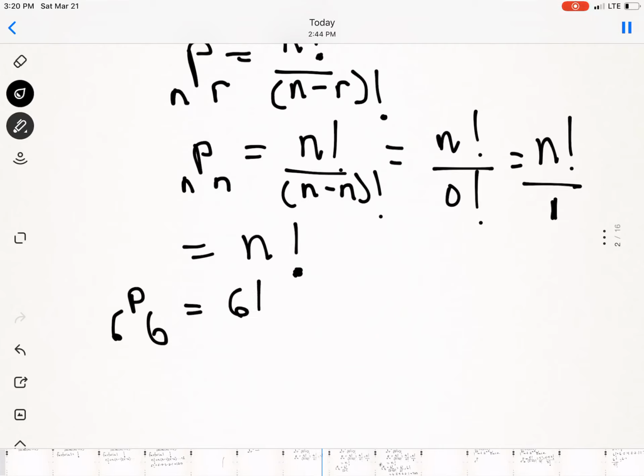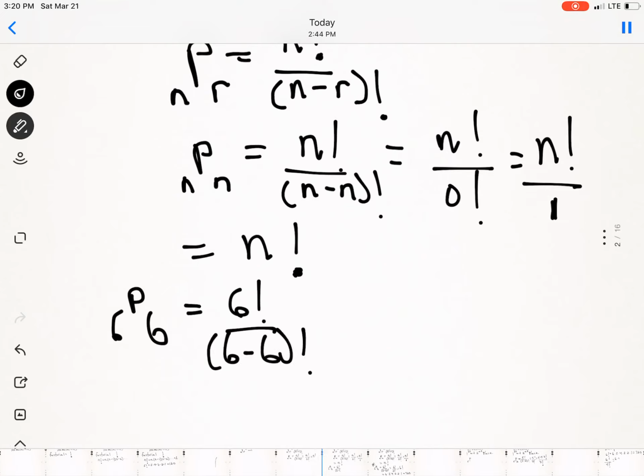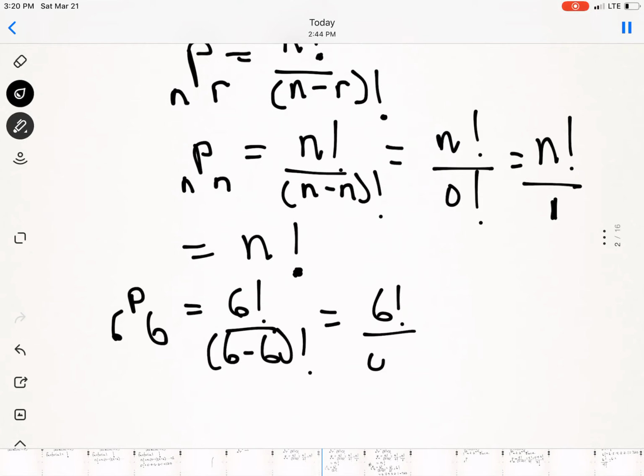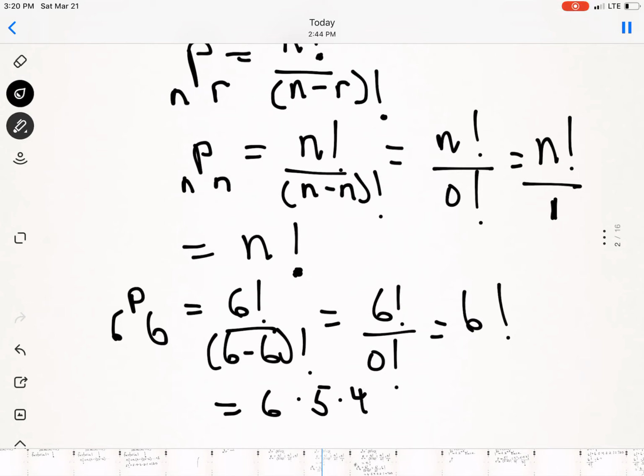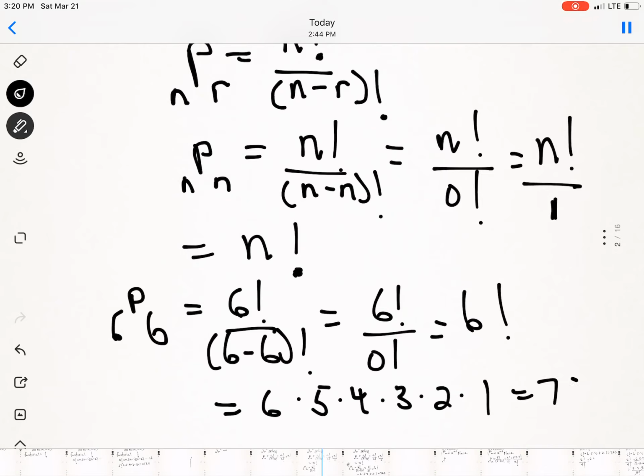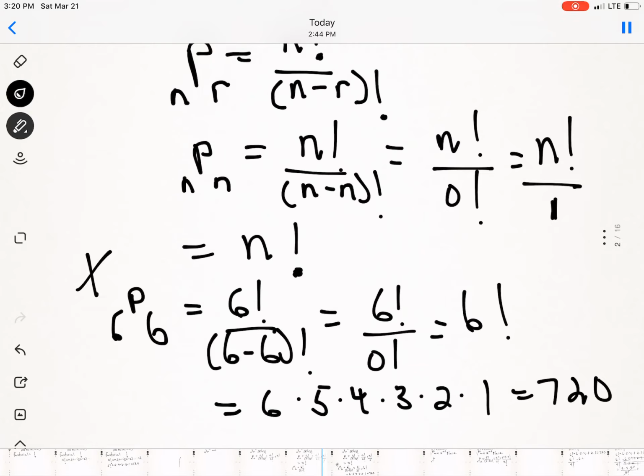That'd be 6 factorial over 6 minus 6 factorial, which is 6 factorial, which you know is 6 times 5 times 4 times 3 times 2 times 1, and we end up with 720. So, how many ways can 6 horses finish a race? 720.